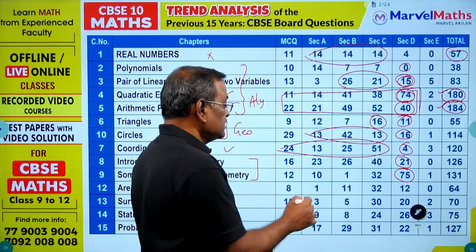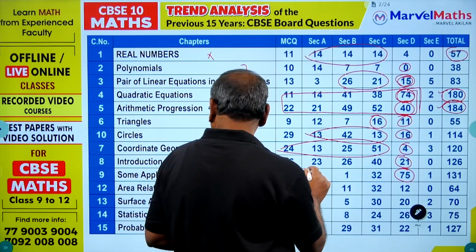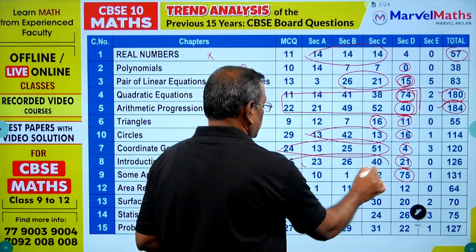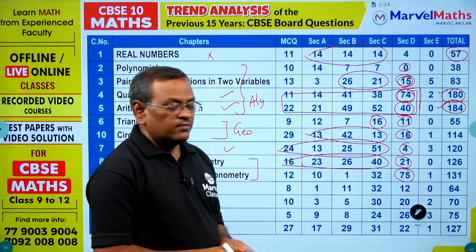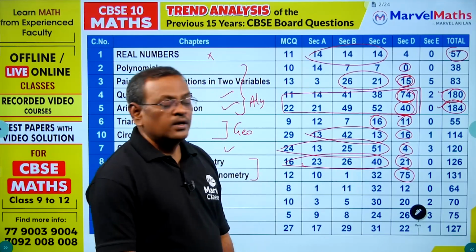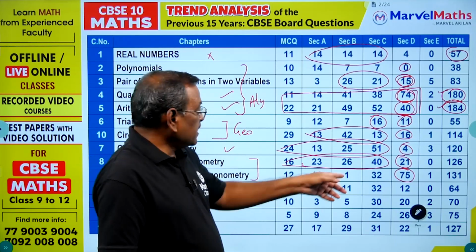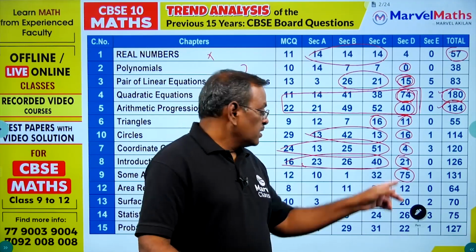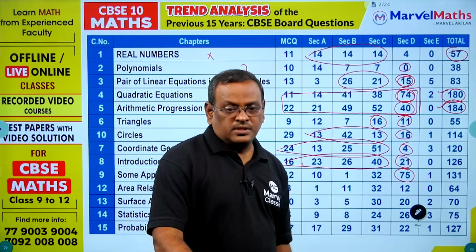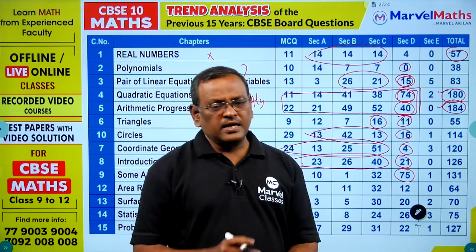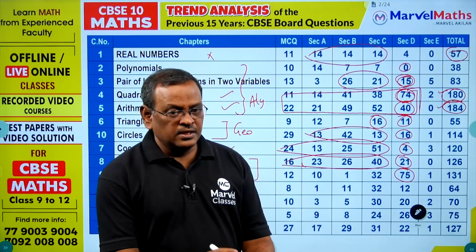Whereas in Sections B, C, D, trigonometry is the most important: for 3-mark questions as well as 2 marks, 1 mark and MCQs. Almost all the 21 questions are from trigonometric identities. Practice more sums in trigonometric identities.